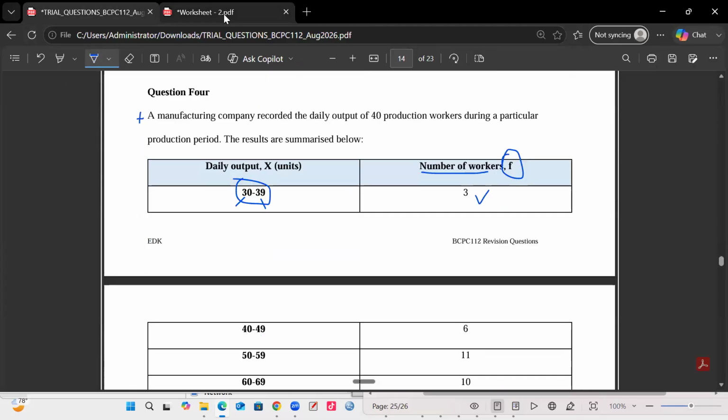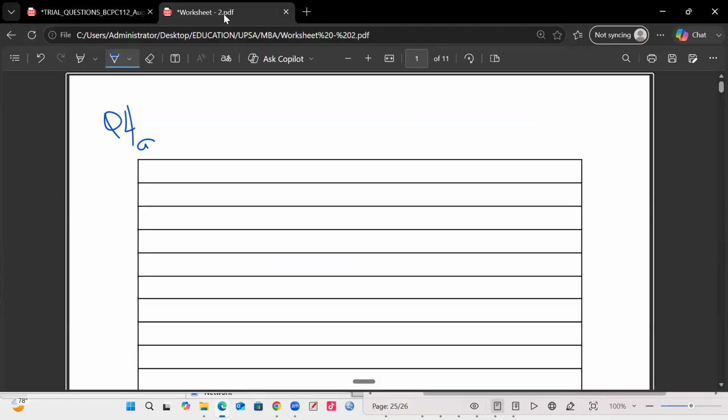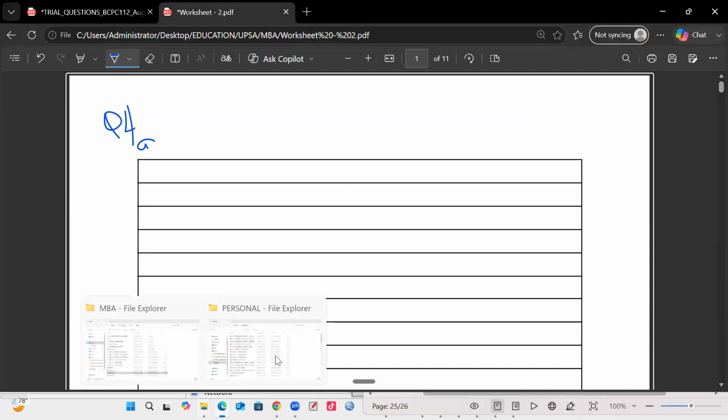Okay, so we are going to have here, let me see if I can use another way to get the table. Hold on for me.